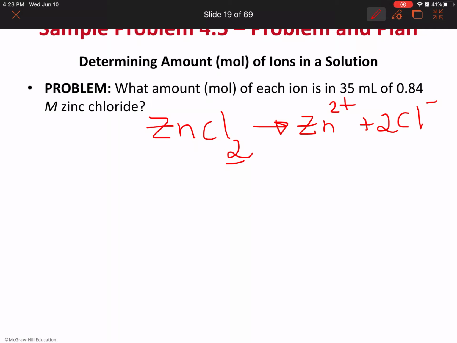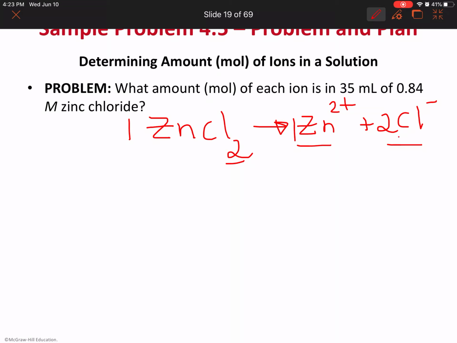So we want to find out the amount of moles of each ion. The types of ions we have are zinc ions and chloride ions. And we know from this dissociation equation, if you have 1 mole of zinc chloride, it will give us 1 mole of zinc ions and 2 moles of chloride ions.